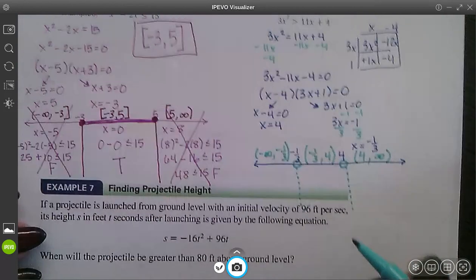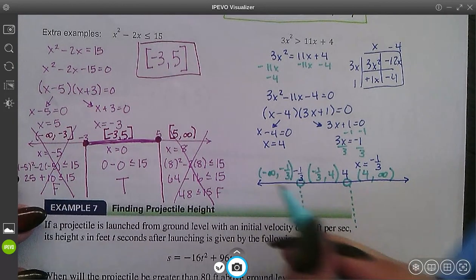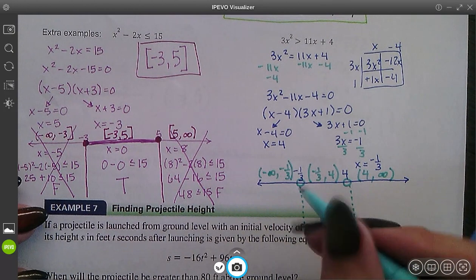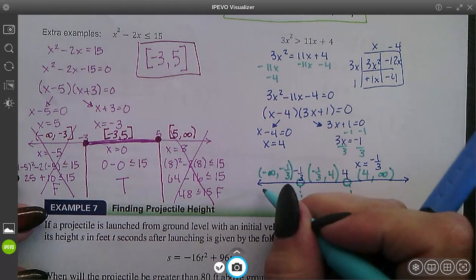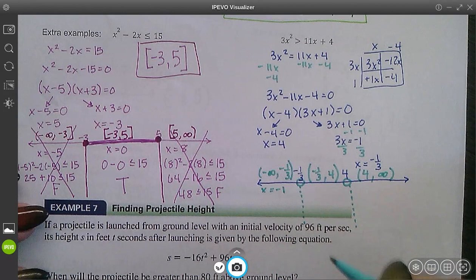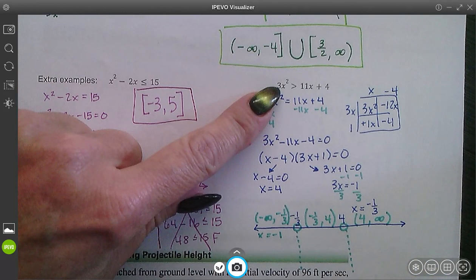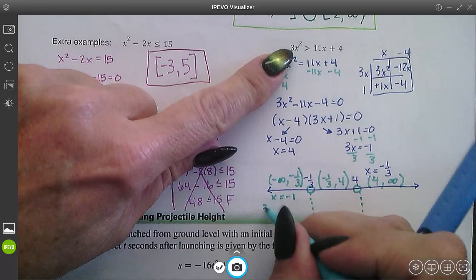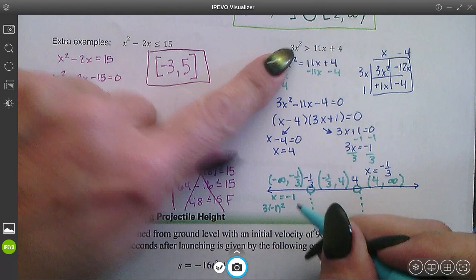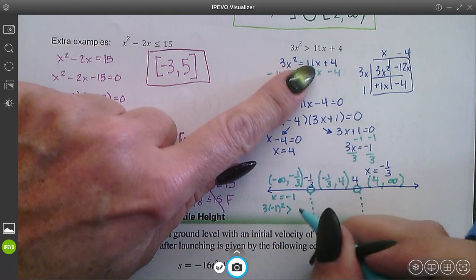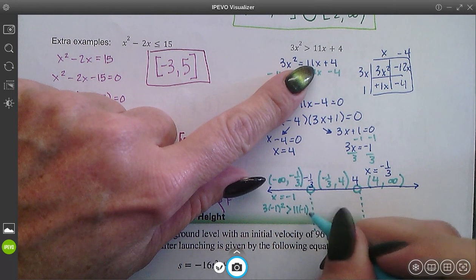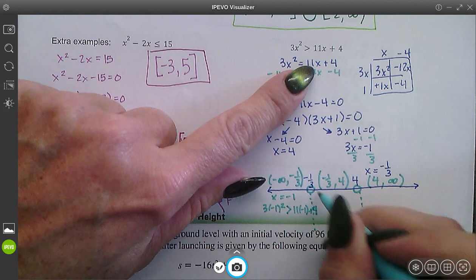And then I have to pick test values. So something between negative infinity and negative 1/3. I could choose anything, like negative 1 is in there. So I'm going to do 3 times negative 1 squared, and I'm checking to see if that's greater than 11 times negative 1 plus 4.